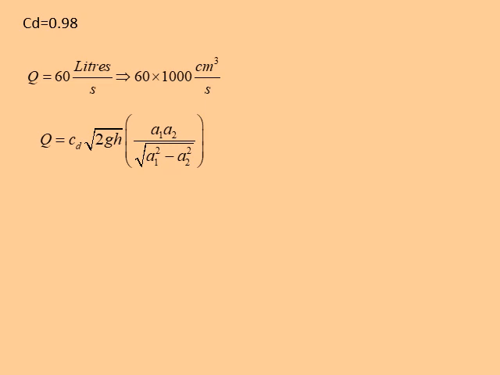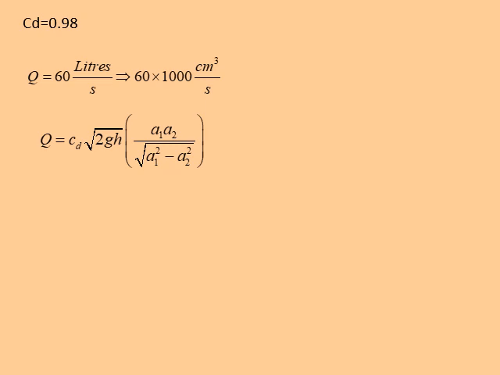Next, CD is given as 0.98 and rate of discharge of oil through the pipe is Q is equal to 60 liters per second. So that is equal to 60 into 1000 centimeter cube per second. So now the discharge formula through the venturimeter is like that.